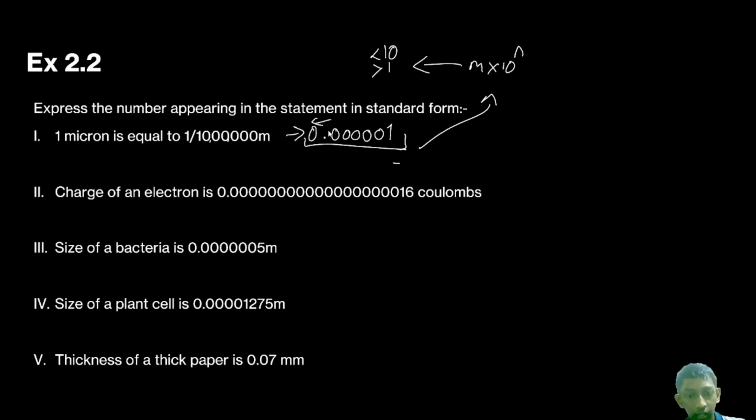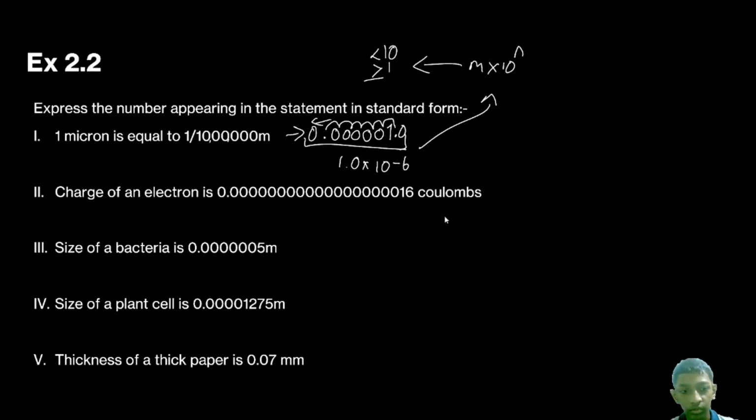So let's see how many places it has to shift. 1, 2, 3, 4, 5, 6. So this is negative 6. So m has to be greater than or equal to 1, but also less than 10. So this is 1.0 into 10 raised to the power of minus 6.